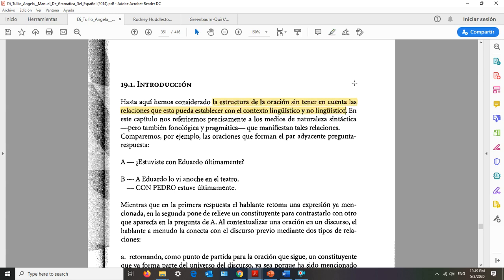It is just taking the sentence as a unit of analysis in syntax.